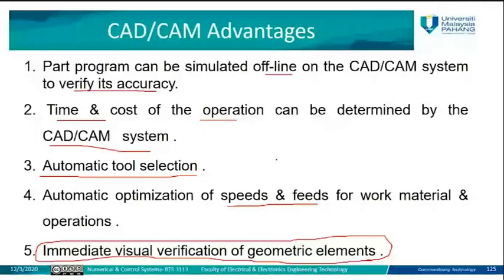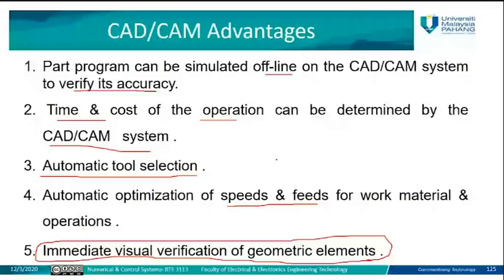So you can decide, is it okay, is it good or not? Should I do some modification to this dimension? Should I modify the diameter of the circle? Should I modify the place of this part, and so on? So after the simulation, you can see the real product, so you can decide whether it is okay or not.